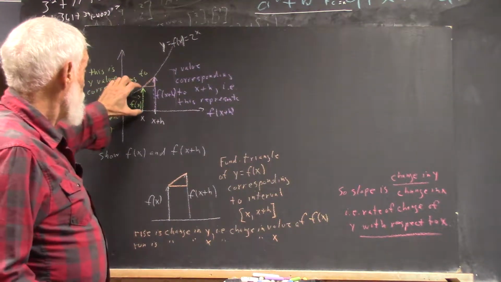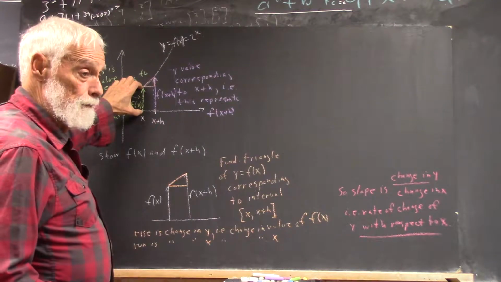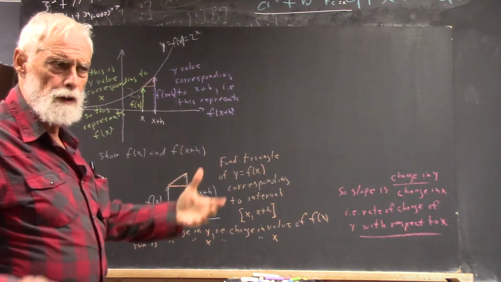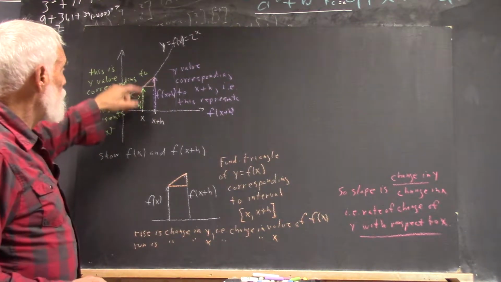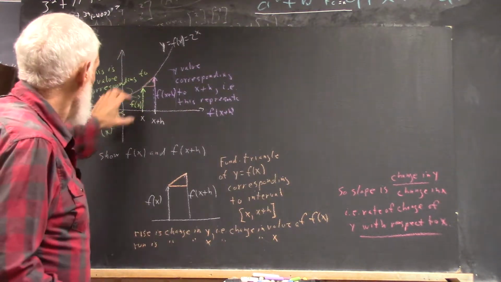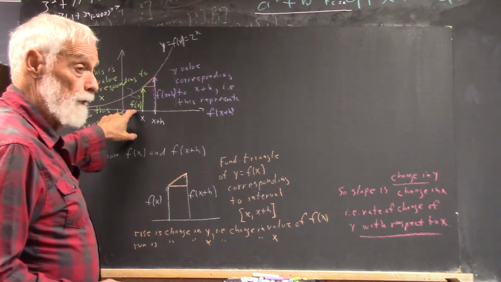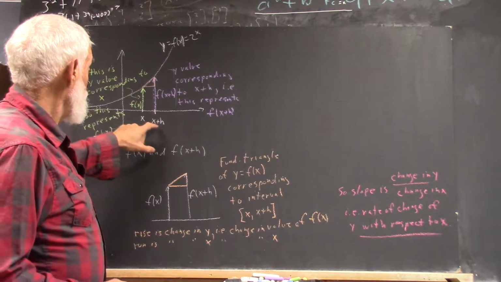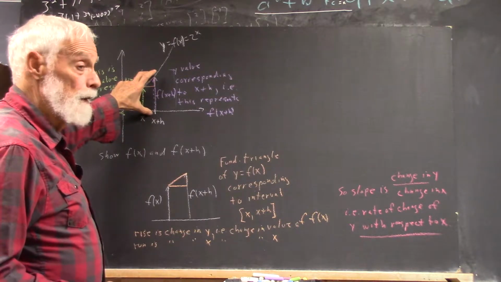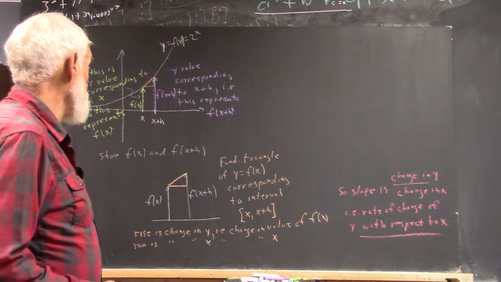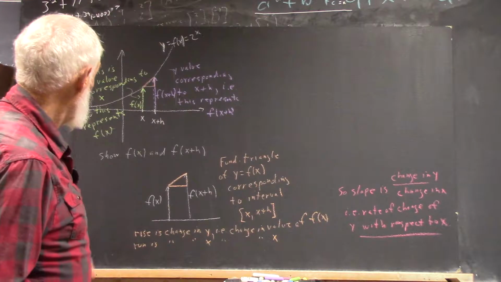But we want to draw this as an arrow, as we've done in trying to understand transformations. Okay, so we want to draw that as an arrow. Okay, so the length of this arrow is the value of f of x. And then here's x plus h. Well, the arrow coming from here up to the graph is the value of f of x plus h.